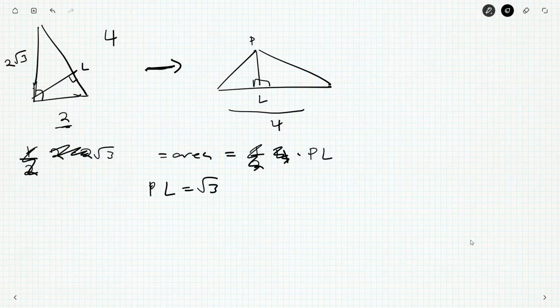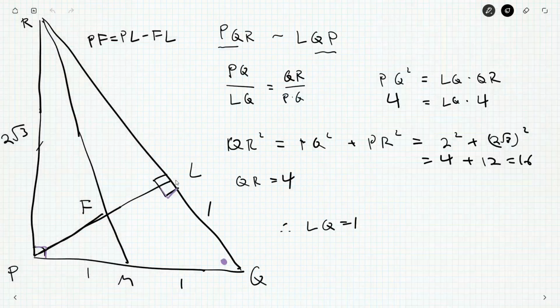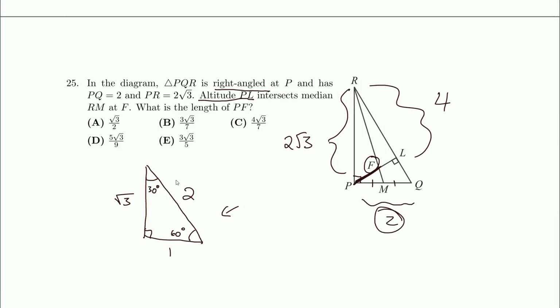So now the question becomes, can I figure out what FL is? Okay. Well, until some inspiration strikes, I'm going to go to my bigger picture. It's root 3 minus something. Are any of the actual answers root 3 minus something? No, but they do all have root 3s in them.